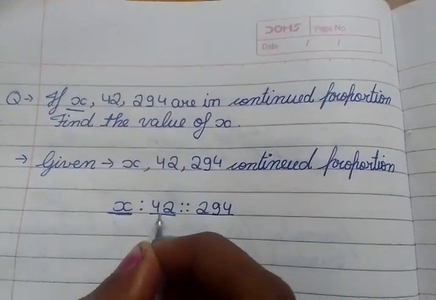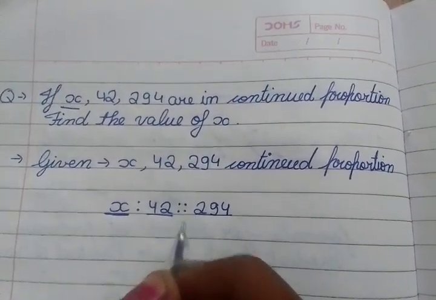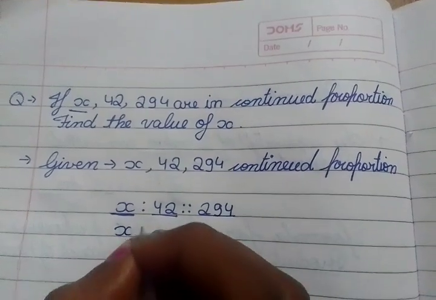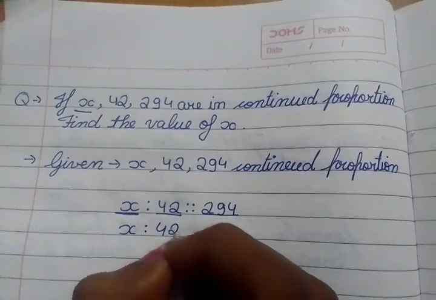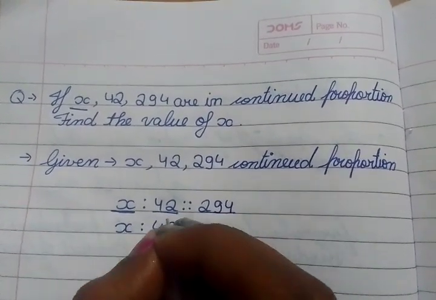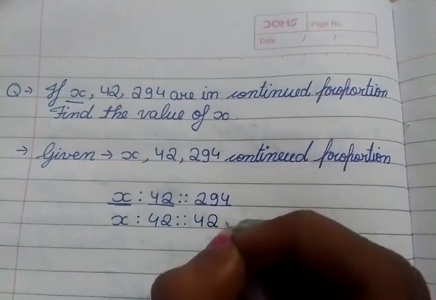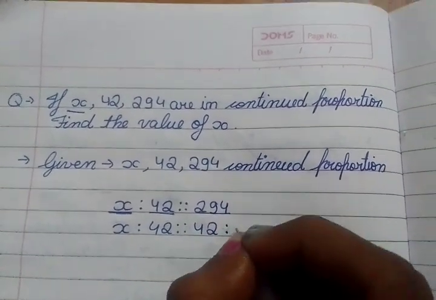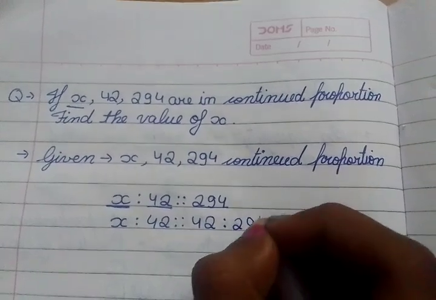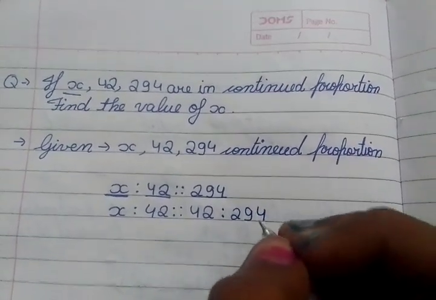So we will take this number 42 one more time as a mean. So here we will write X ratio 42, then proportion sign, then again 42 as a mean as it is not given, and then ratio sign and 294.